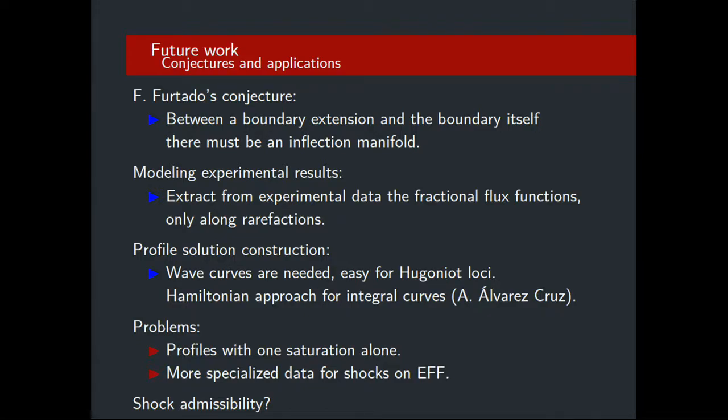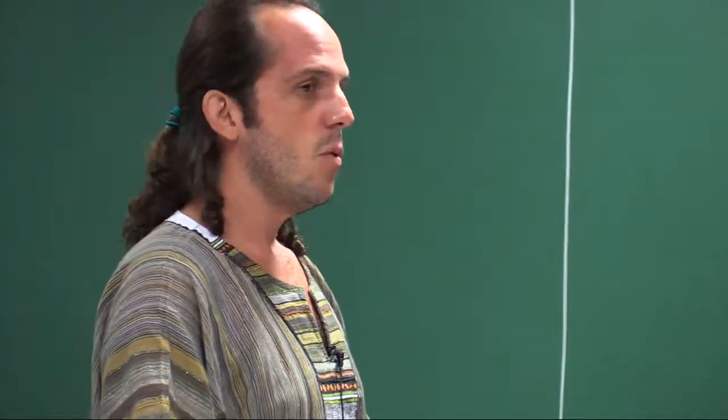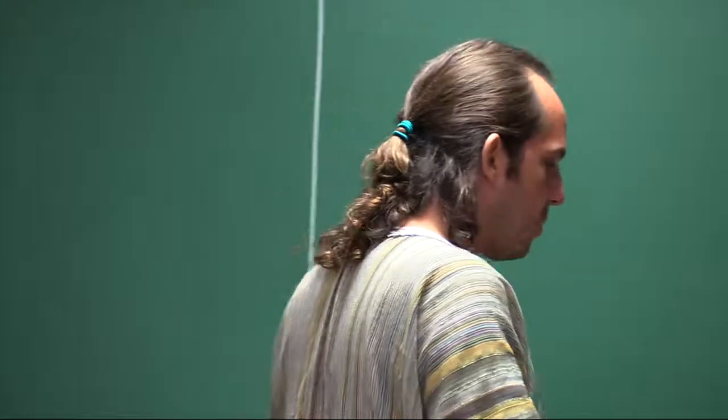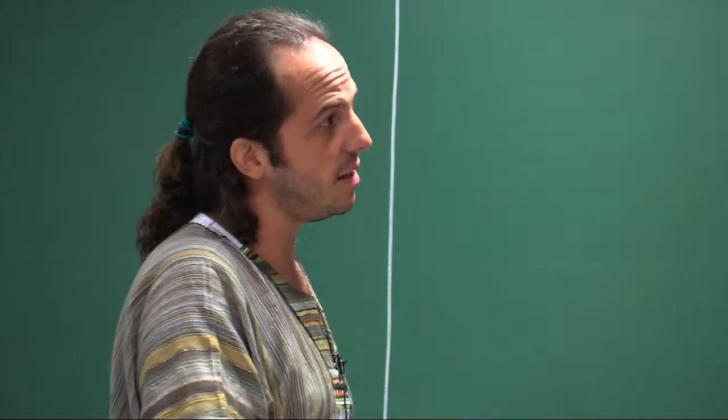Fred had a conjecture that maybe is now provable: that when you go to a boundary extension because of the sonic shock, you must pass through an inflection manifold. I think this can be a way to try to prove this kind of conjecture.